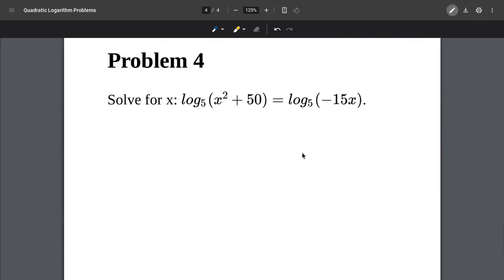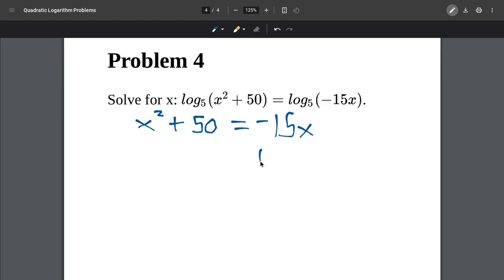So problem 4 here. We have log base 5 of x squared plus 50 equals log base 5 of negative 15x. So same base here, so I'm going to set x squared plus 50 equal to negative 15x.